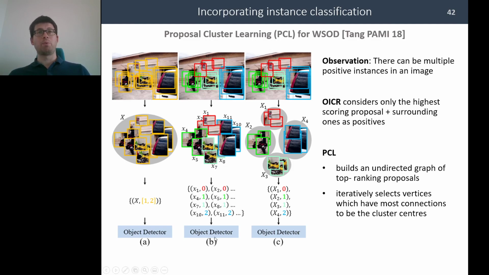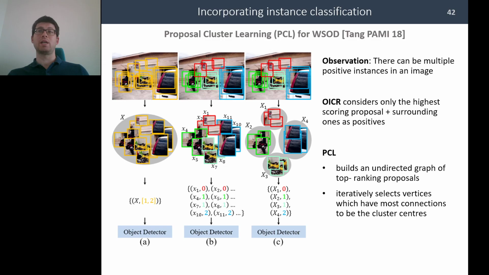So what they propose in C here is simply generating multiple clusters around the high scoring windows. In this example, for instance, they have multiple bags, for example motorbike and car, and for the door, they generate different clusters.